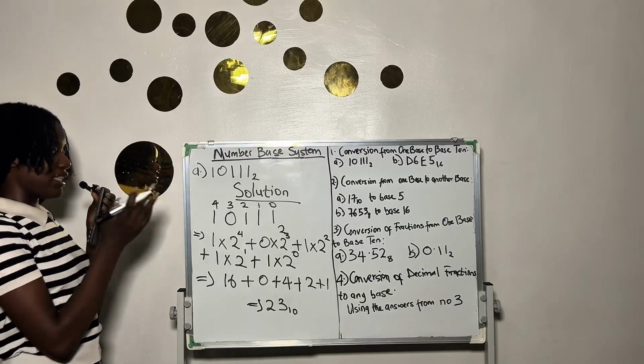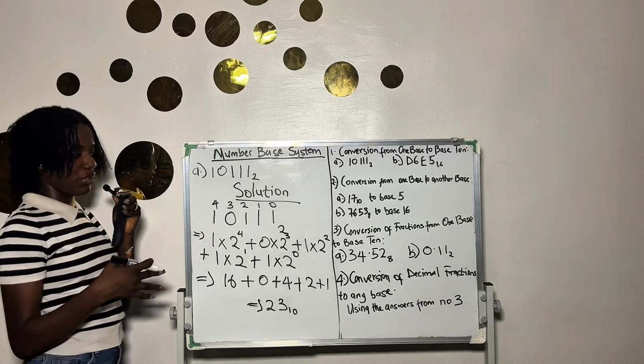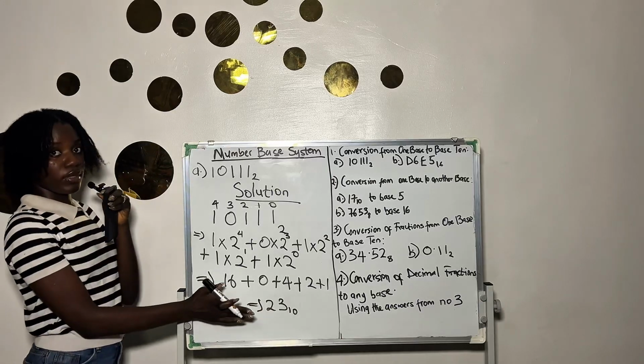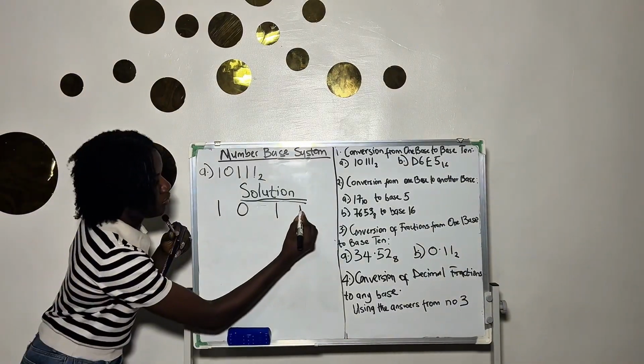So there's another alternative method. Let's go through the alternative method and check if we still get the same value, 23 base 10.